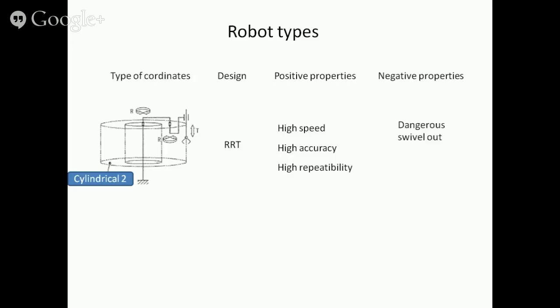Negative are the dangerous swivel out and a limited field of applications. This type of robot is called SCARA robot. And these 5 letters SCARA mean Selective Compliance Assembly Robot Arm. That's why it is often used for assembling components.